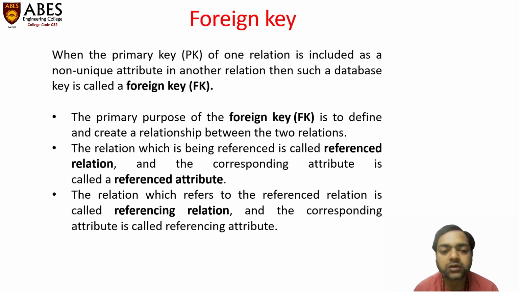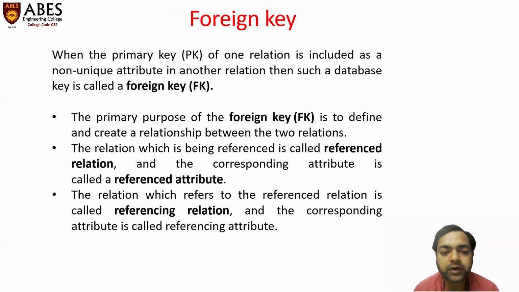So the concept of foreign key is used when we need to combine one or more relations. The primary key of the first relation is included as a normal attribute in another relation, and that normal attribute in the other relation is called a foreign key.